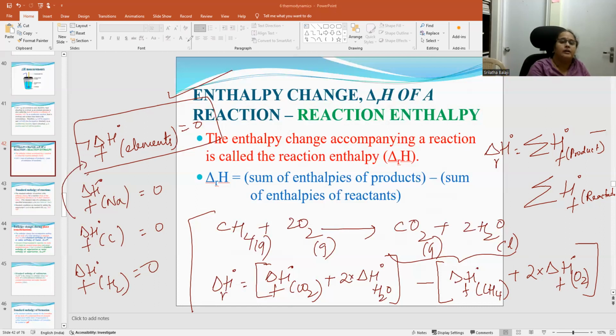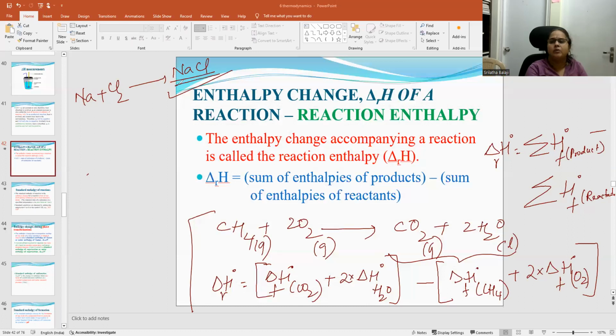I gave you enthalpy of formation of NaCl now. Did we not create an equation like this? So what will be the enthalpy of the reaction in this case?